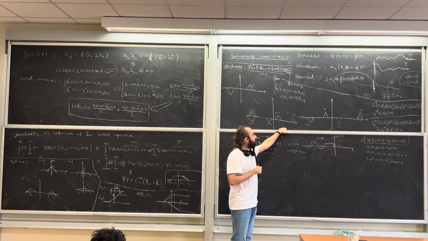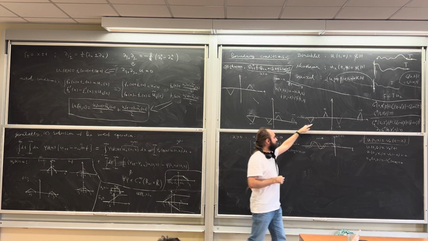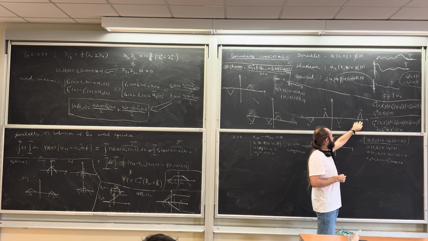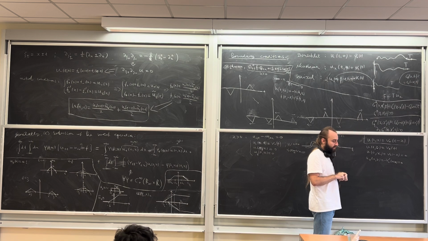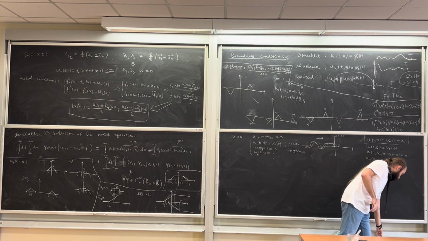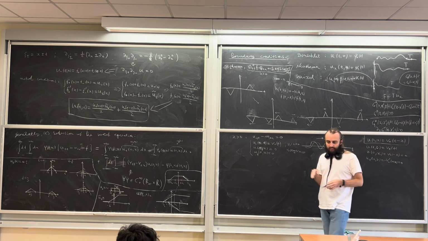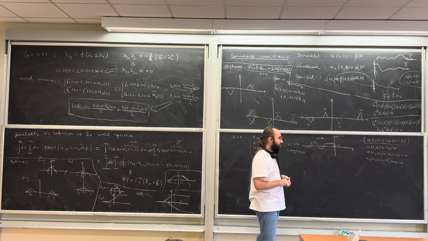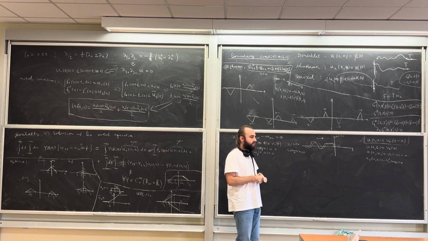Here we had both fronts of this wave, and in 2 dimensions we'll have only one front, and the other front will turn into an infinite tail.